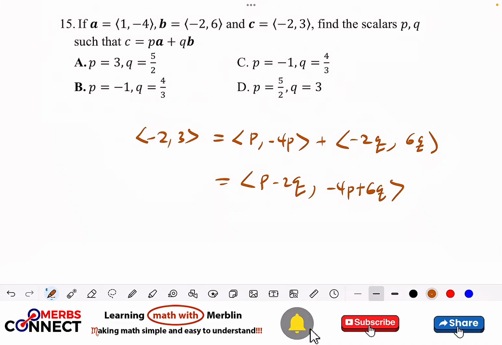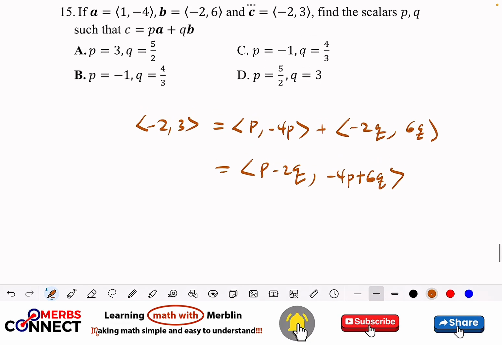If you are confused, what I'm doing here is the same as this. C is minus 2I plus 3J, which is the same as P times A, which is I minus 4J, right? Plus Q times B, which is minus 2I plus 6J.